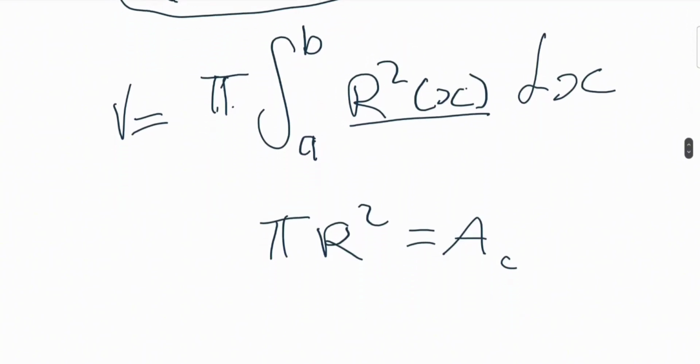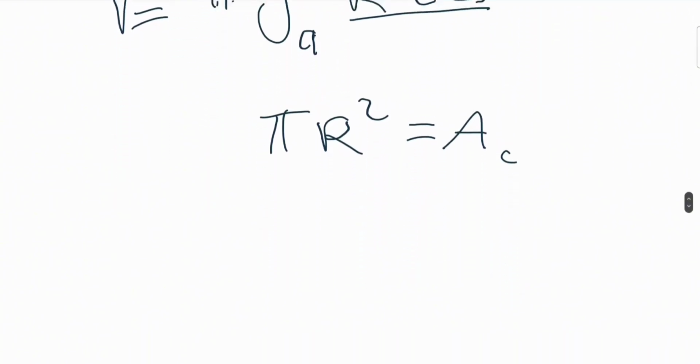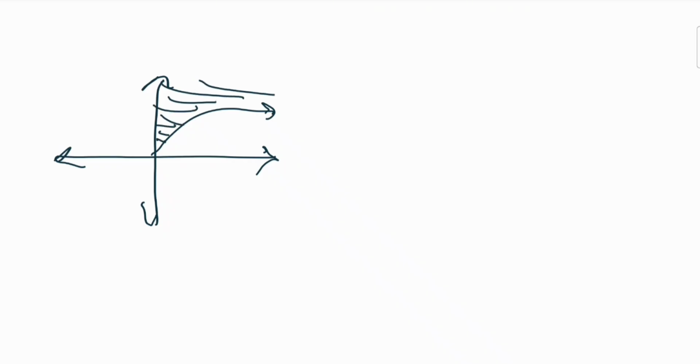This can be done not only on the x-axis, but also on the y-axis with something like this. So you have your axes, you have your function, but this time it's going to be measured like this, okay, and rotated around the y-axis. So this would be from, again, a to b, or you can use other variables, whatever you prefer, but it's going to change.